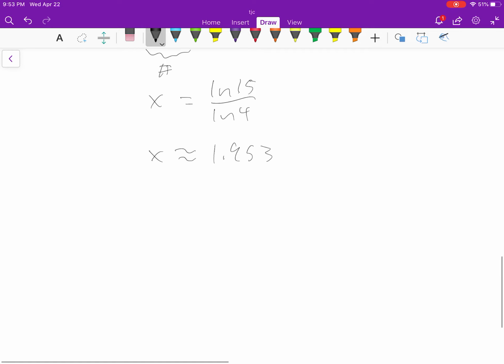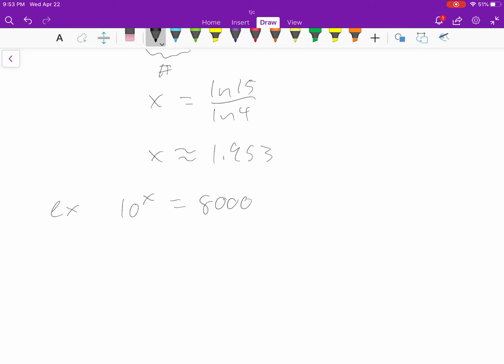Look at another example. Okay, in this example, 10^x equals 8,000. We are going to use log base 10. I could use ln, it wouldn't matter.